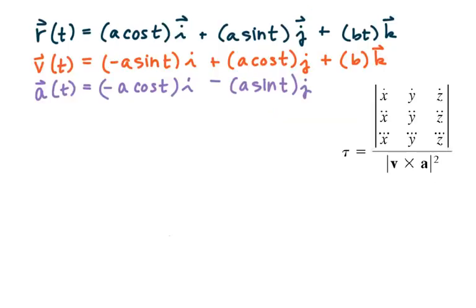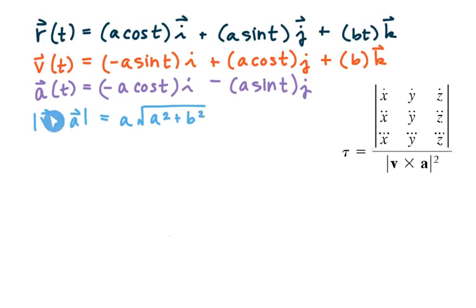So considering torsion, I brought in our original R vector, V vector, and A vector that we found in part A. I'm also going to pull in the magnitude of V cross A, because we need that as well. And we said that was equal to A times the square root of A squared plus B squared.